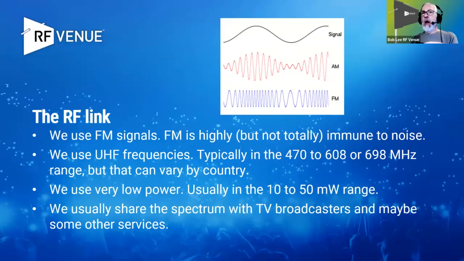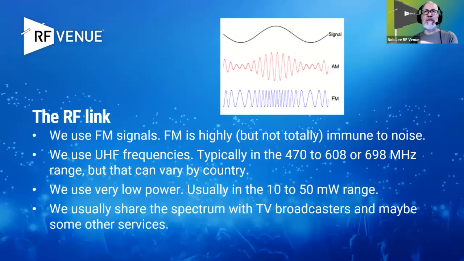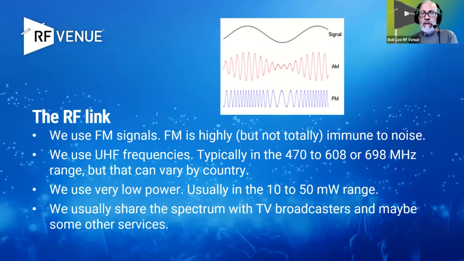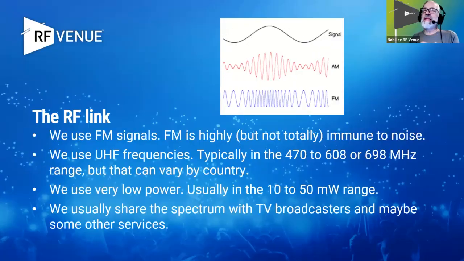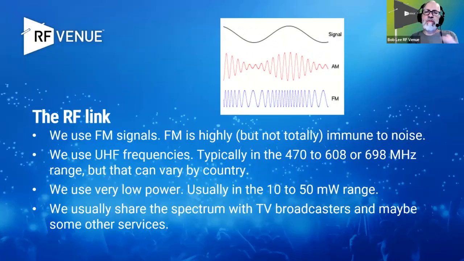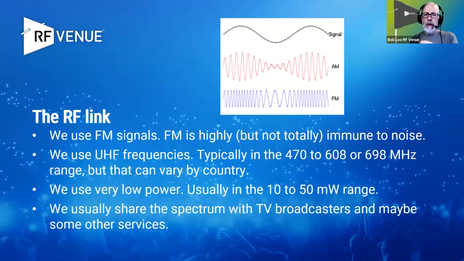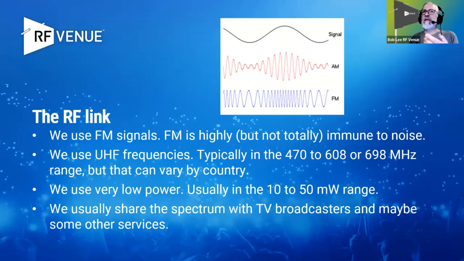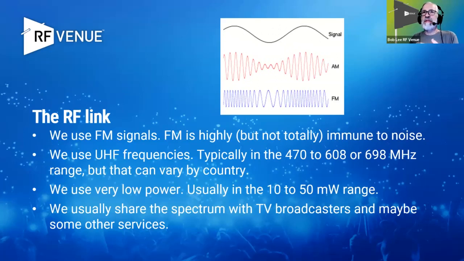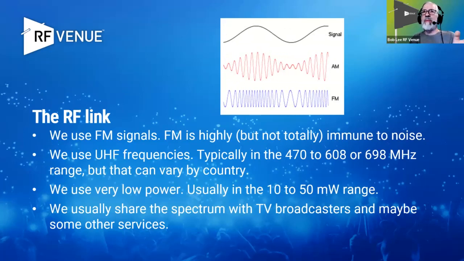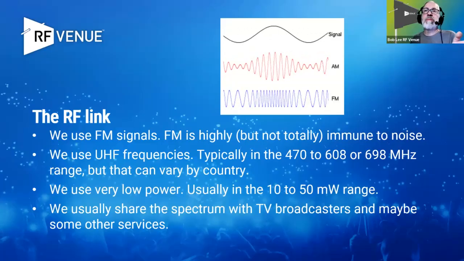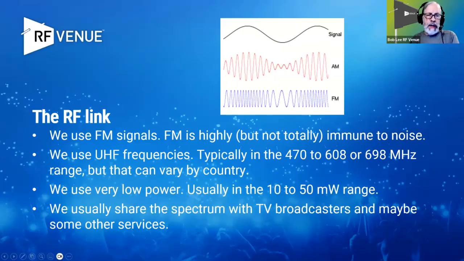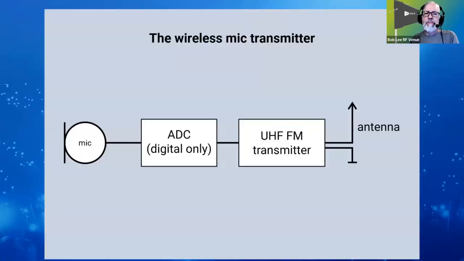Now imagine a 100th of a watt, or a 20th of a watt. This is really low power. This is flea power. So we've got to make that work. Fourth, we're usually sharing the spectrum with TV broadcasters and maybe some other services. So these are all things that we have to encounter in using wireless audio.